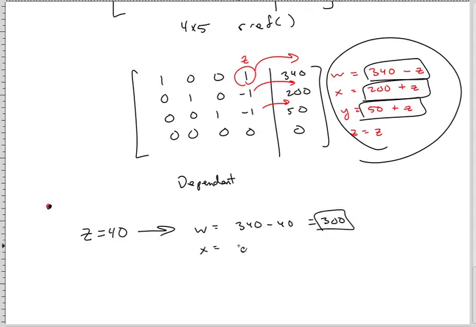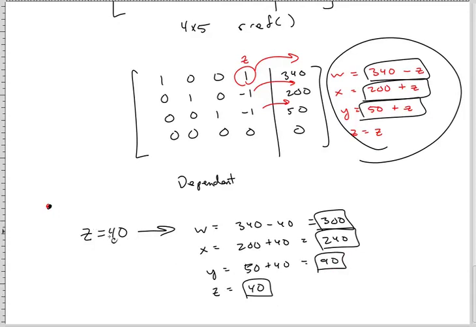I have 200 plus the 40 is 240. And then Y is 50 plus 40, which is 90. And what is Z equal to? In case they ask, it's 40. They told me that. And you can't get this unless they tell you. This was given to you.